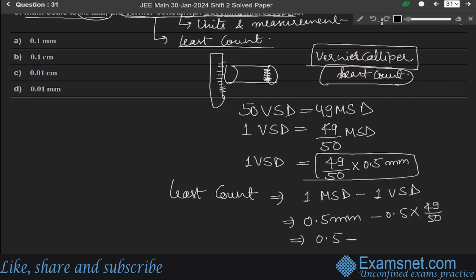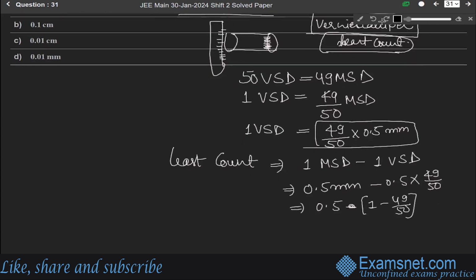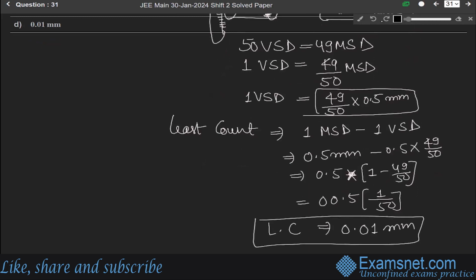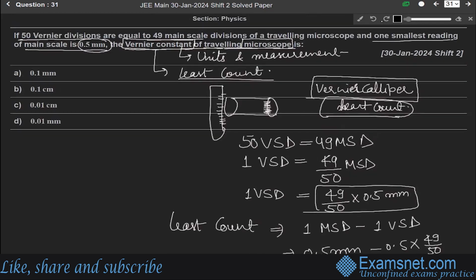Taking 0.5 common, it equals 0.5 into (1 minus 49 over 50). 50 minus 49 means 1 over 50, so it equals 0.01 millimeter. So the least count of this vernier scale, the vernier constant of the traveling microscope, is 0.01 millimeter, which means option D is correct.